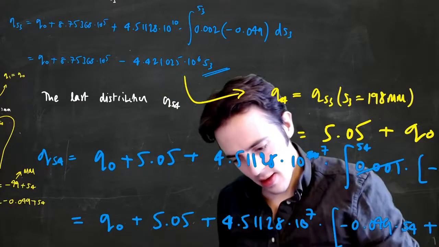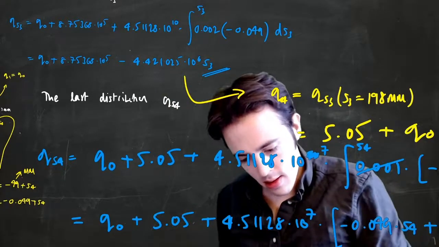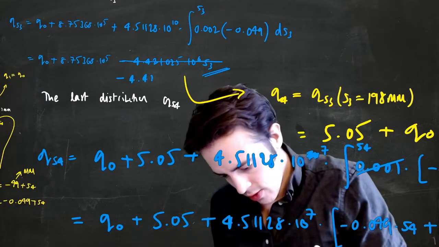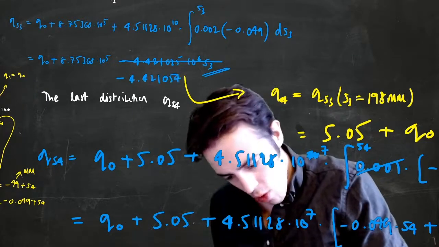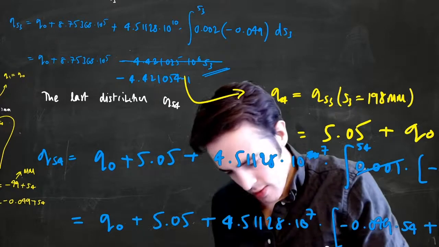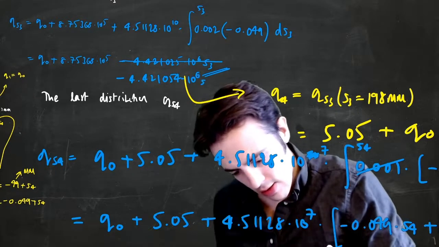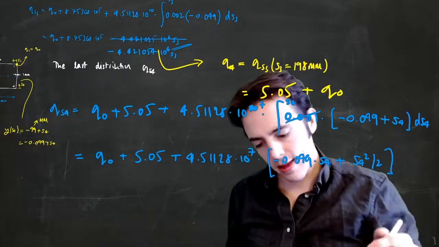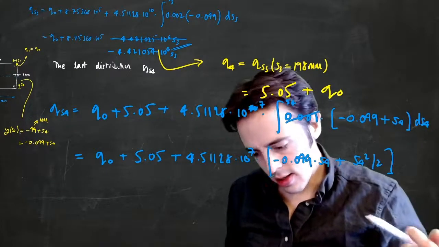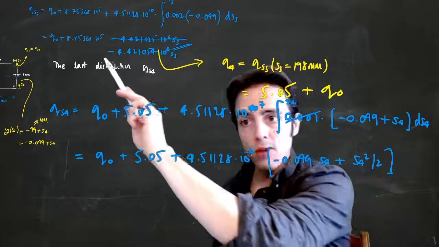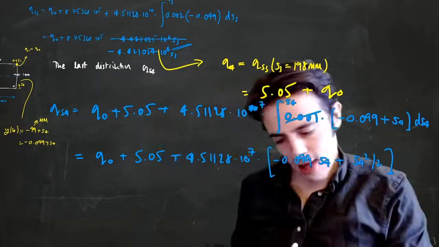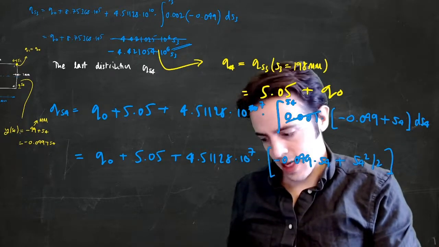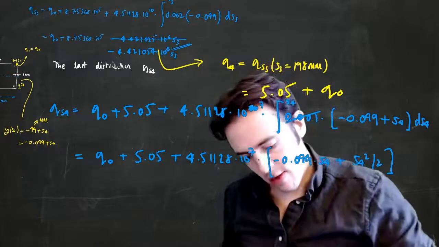So that is minus 4.421054 times 10 to the 6 S3. And I suspect that when I multiply this by 0.198, I should get a number that cancels with this. So let's just check that. Yes, I do, okay, which gets rid of that number.